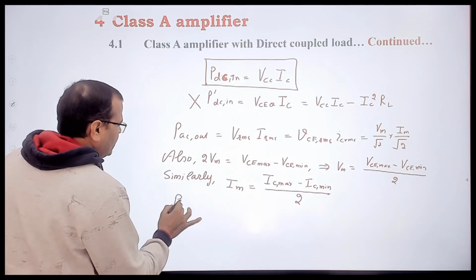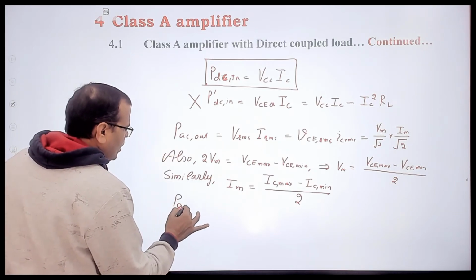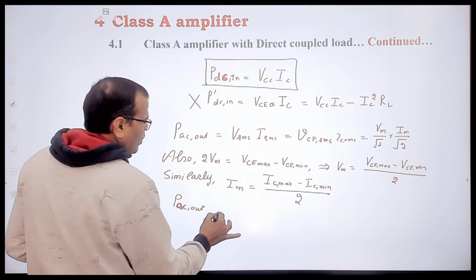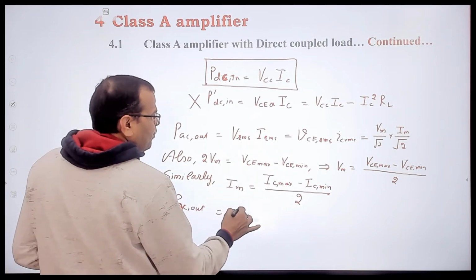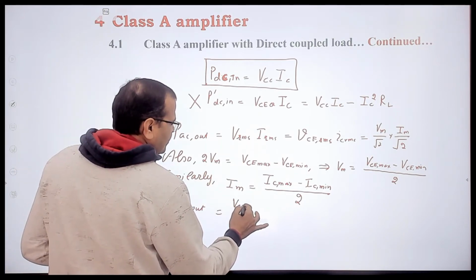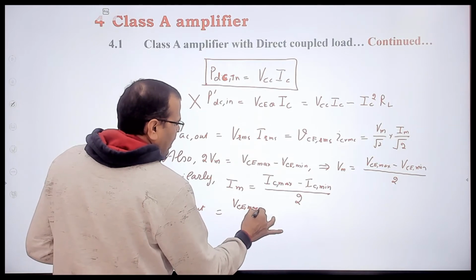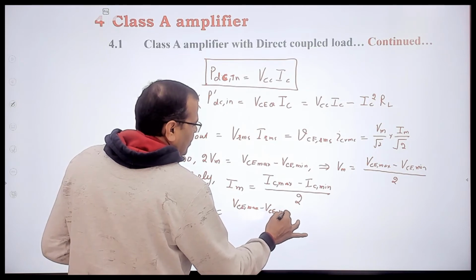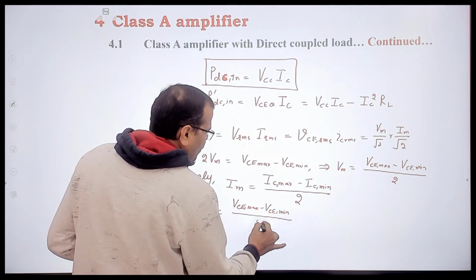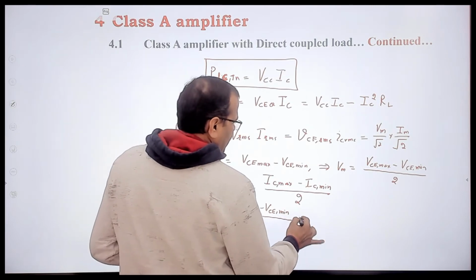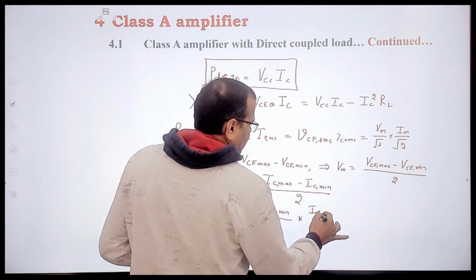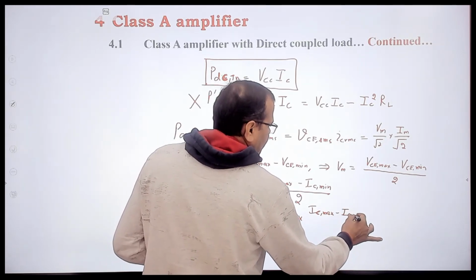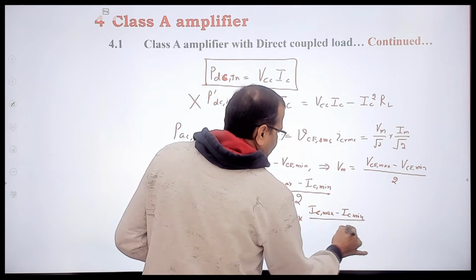So what will be the AC power output, PAC out? PAC out here will be equal to how much? That will be VCE max minus VCE min by 2, multiplied by IC max minus IC min by 2.